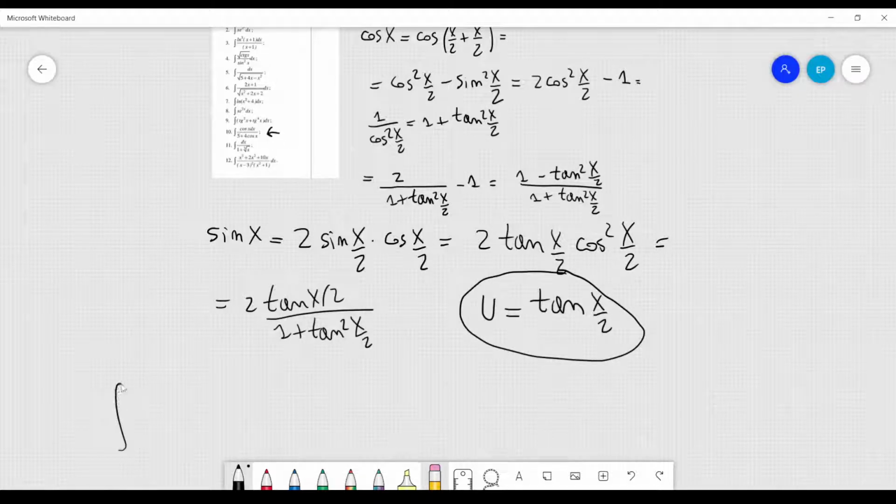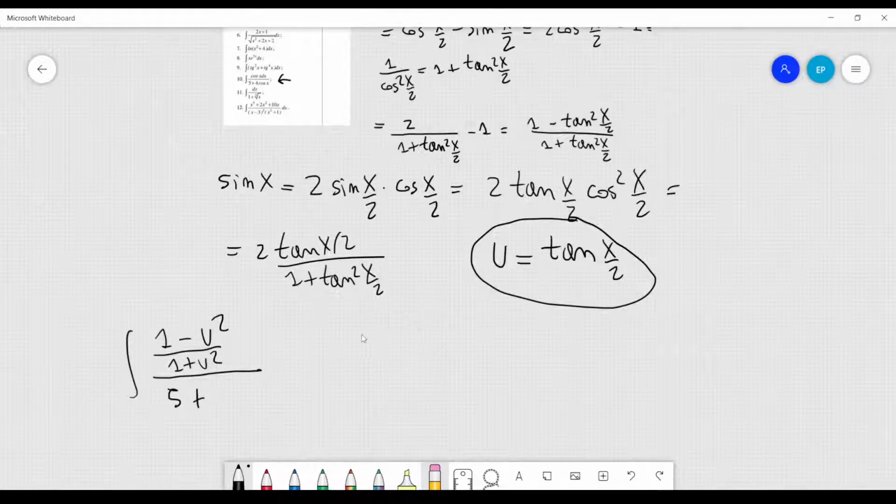So the integral of the cosine will be the integral of, instead of the cosine, I will put this formula, but using u instead of tangent of x over 2. So we have 1 minus u squared divided by 1 plus u squared, and then we have to divide by 5 plus 4 cosine x, but the cosine of x is still 1 minus u squared over 1 plus u squared.